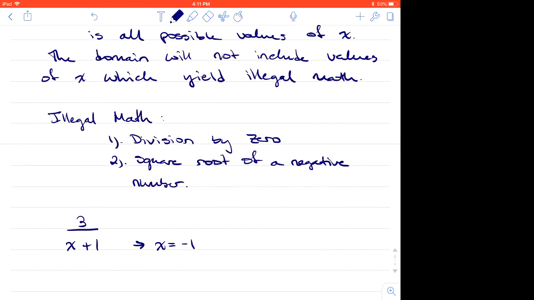So that's what we mean by x's that yield illegal math. So x equal to negative 1 is not in the domain, because we would be trying to divide by 0.